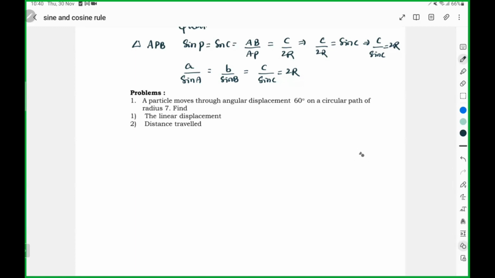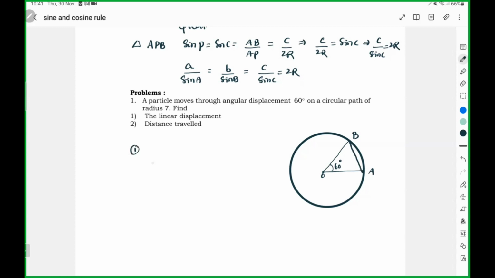If you take a circle, a particle is located at A, and it moves through an angular displacement of 60 degrees on the circular path. What is the linear displacement and distance traveled? Displacement is the shortest distance between A and B.